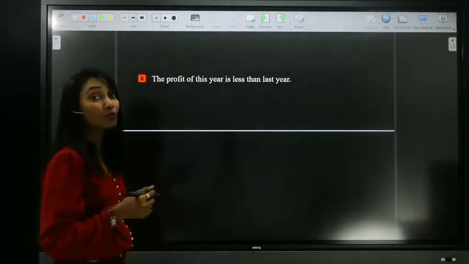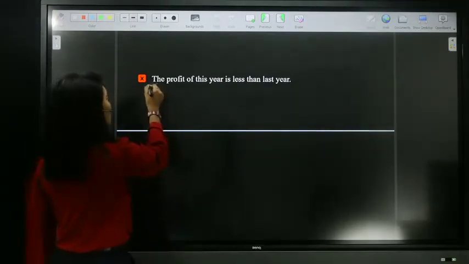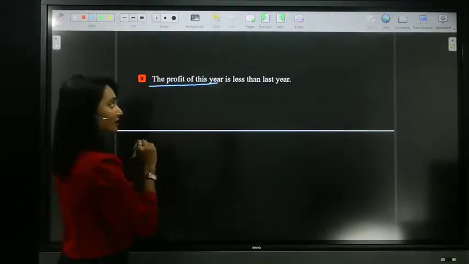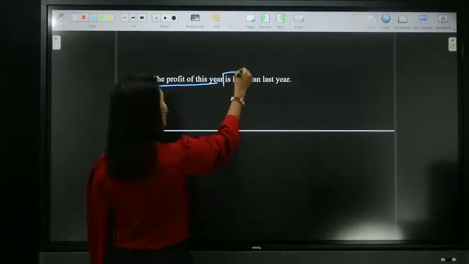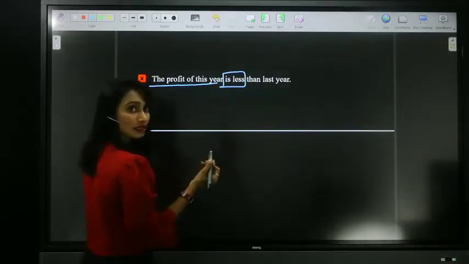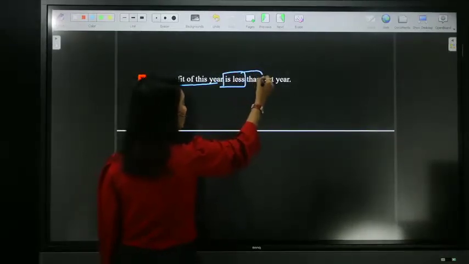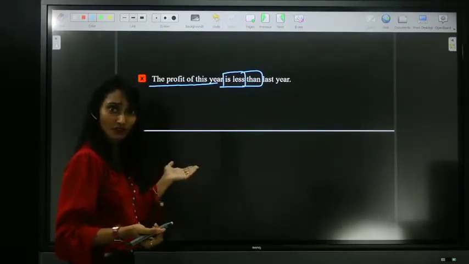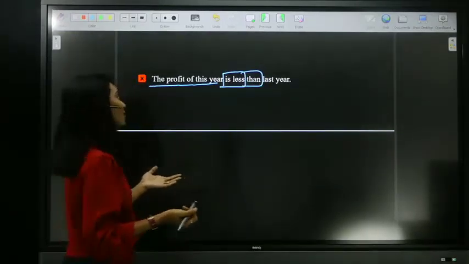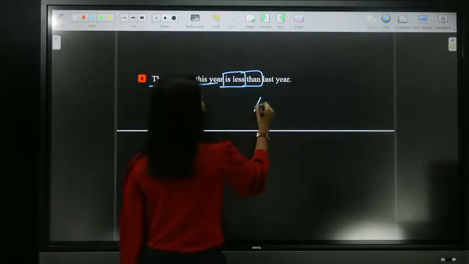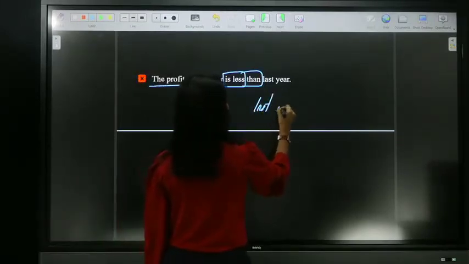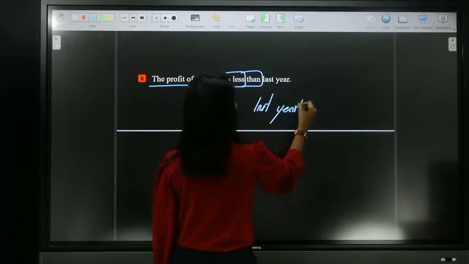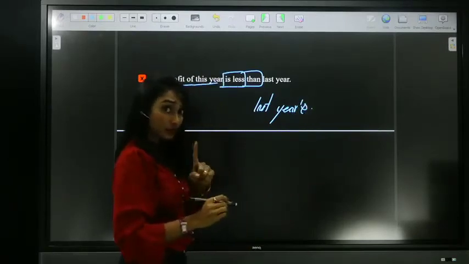We wanted to give possession. The profit of this year is less than what? Last year. Last year what? Last year's profit. Right? So we have to write it in that way. So less than last year's is also okay. But I told you another way to write.